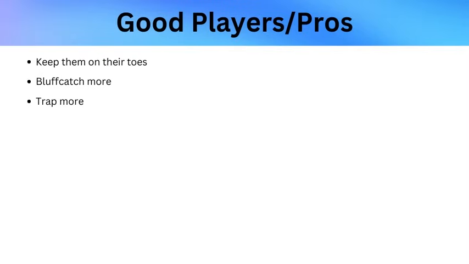You want to trap more, so on boards where you have the nuts or top sets or things like that, you can play a trappier style versus them because they are going to bluff so much.